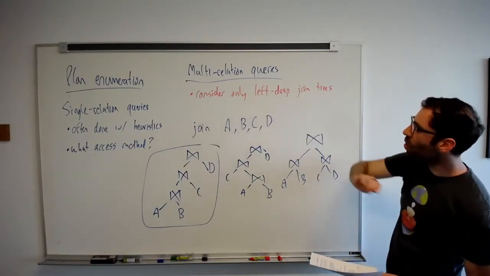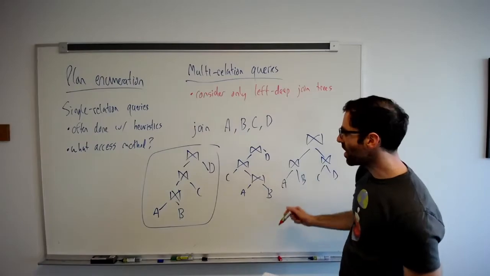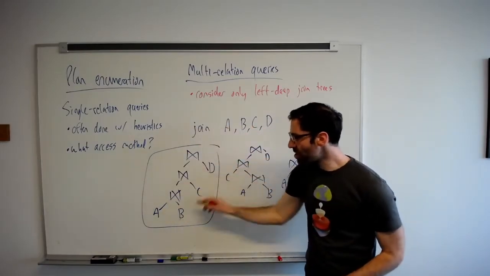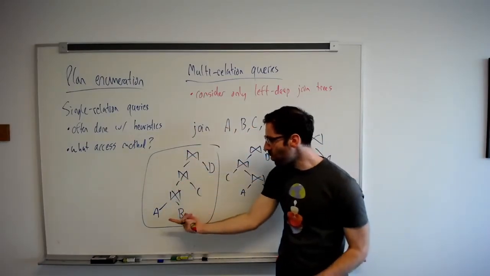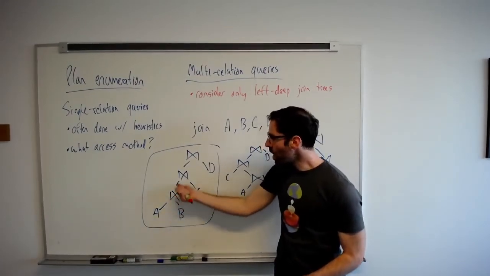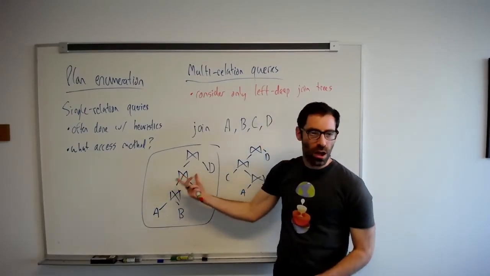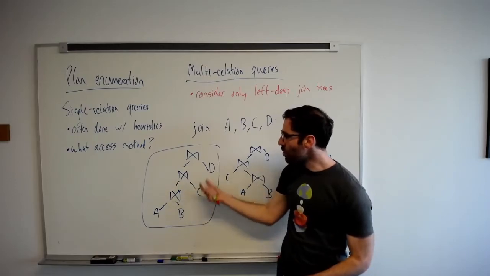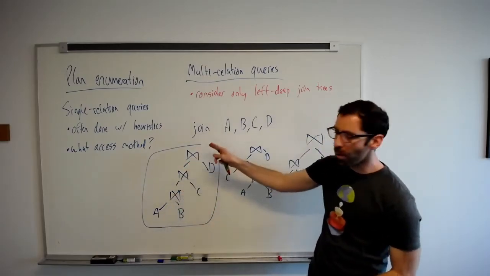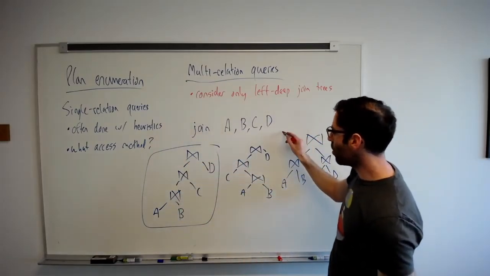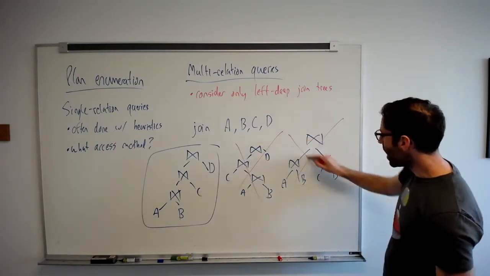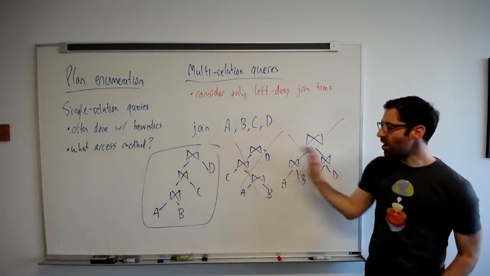But considering only left deep join trees says we're just considering trees like this. We're just considering ones where we join 2 and that feeds into another join with another one of the tables, in a kind of pipeline like this. And so we're just not going to consider join trees like either of these.